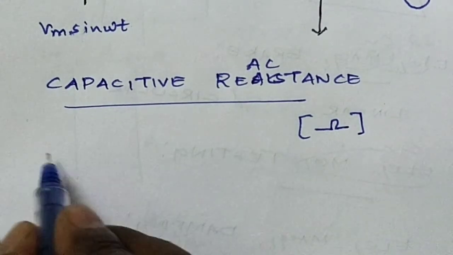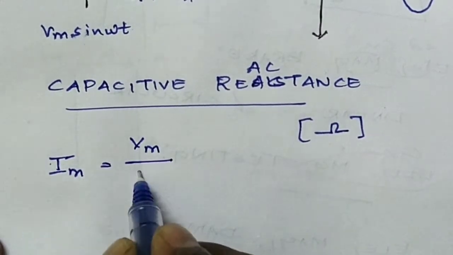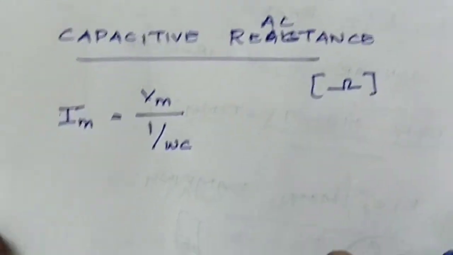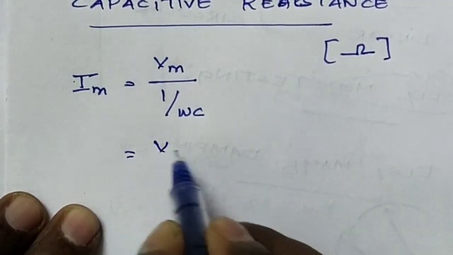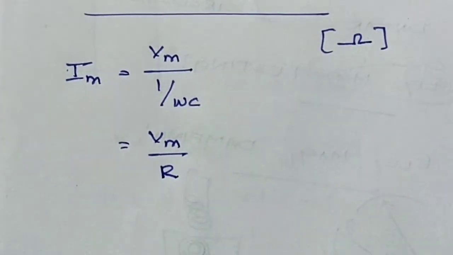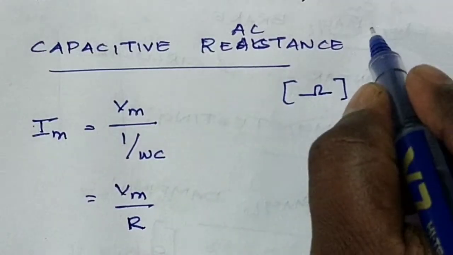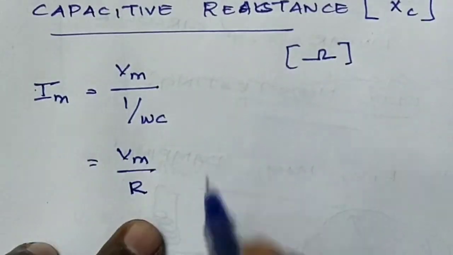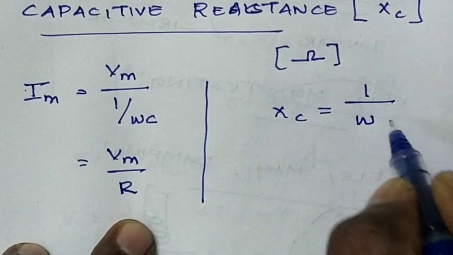The peak value of the current Im equals Vm by 1 by omega C. We know current in a resistive circuit is V by R, so the resistance offered by the capacitor is called the capacitive reactance, Xc. So Xc equal to 1 by omega C.